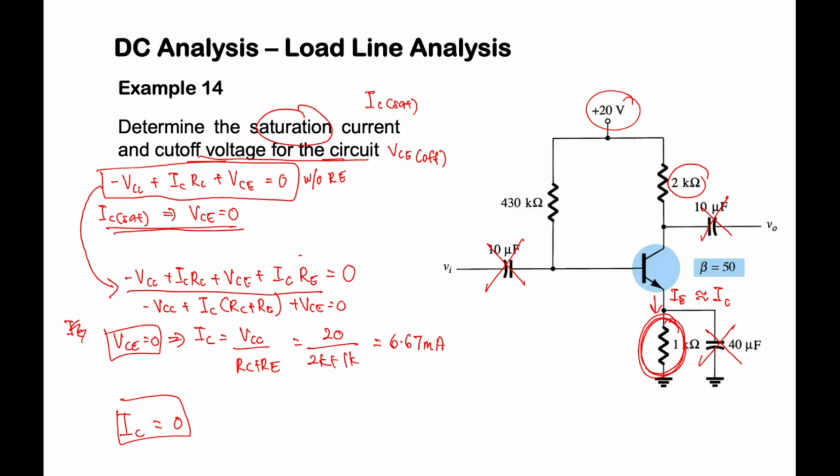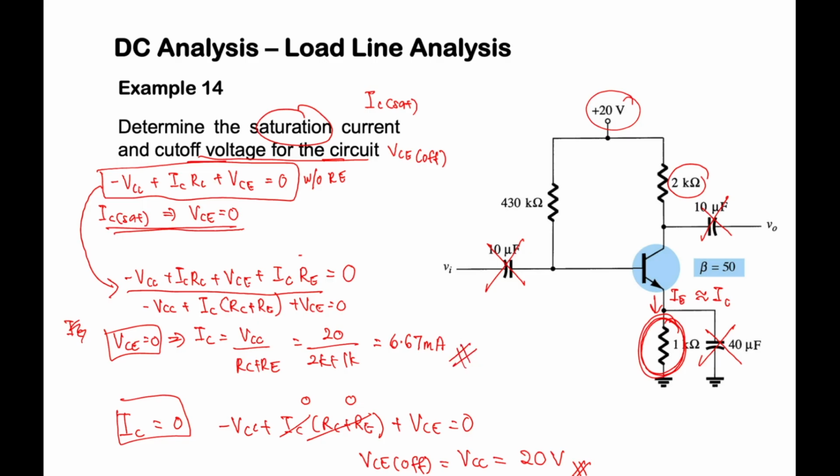IC is equal to 0 in negative VCC plus IC times RC plus RE, plus VCE equals 0. So of course all of this becomes 0, and your VCE off is equal to VCC, which is 20 volts. So these are the answers, the same as the answers shown here.